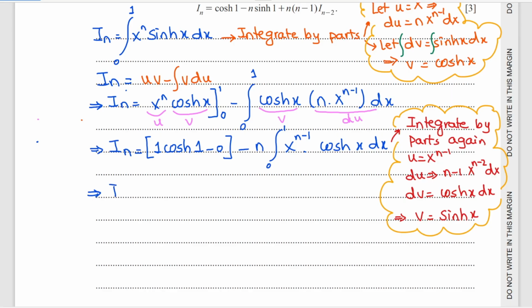So I_n equals cosh 1 minus n times uv minus the integral of v du again.